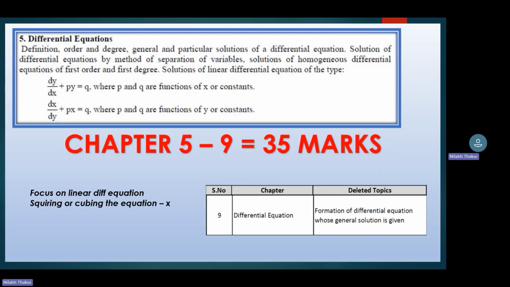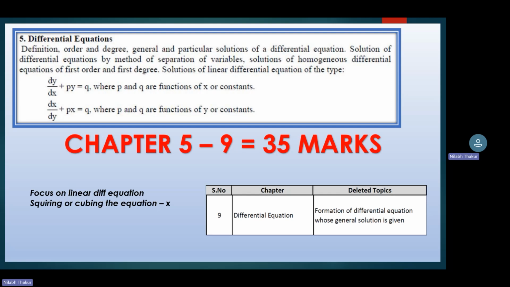Now coming to chapter number 9. Formation of differential equation whose general solution is given is deleted. So focus only on the linear differential equation. Finding the degree and order: you might have seen in the NCERT that the equation needs to be squared or cubed to get the differential equation.